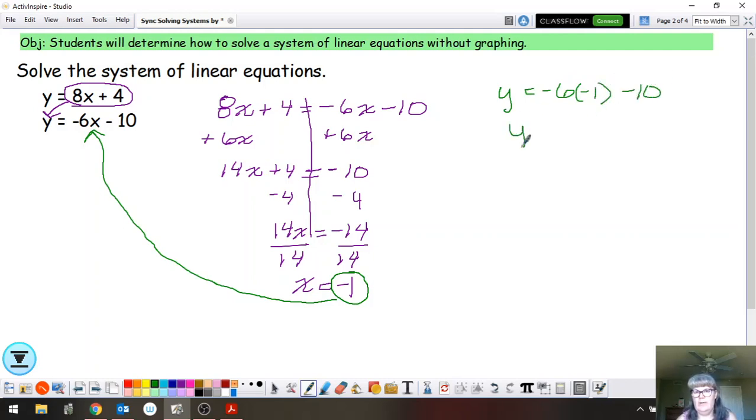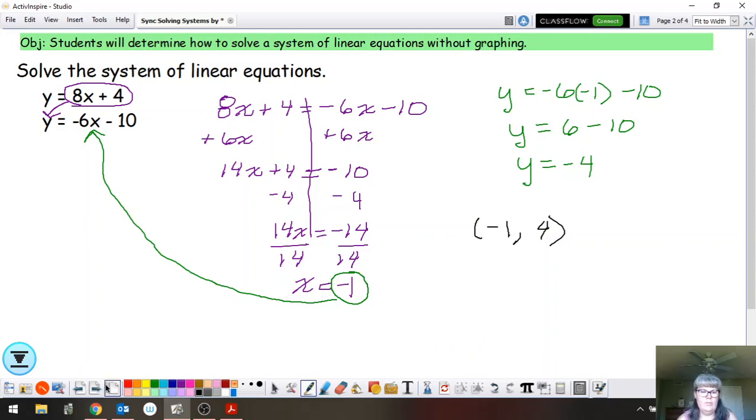And simplify that right-hand side of the equation. So we have 6, subtract 10, because a negative times a negative is positive, equals negative 4. And then, because this is representing a point on a graph, my solution is (negative 1, negative 4).